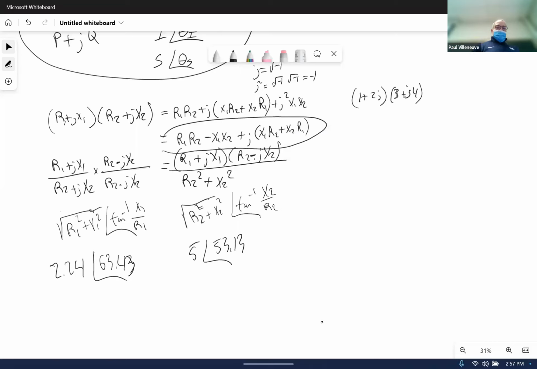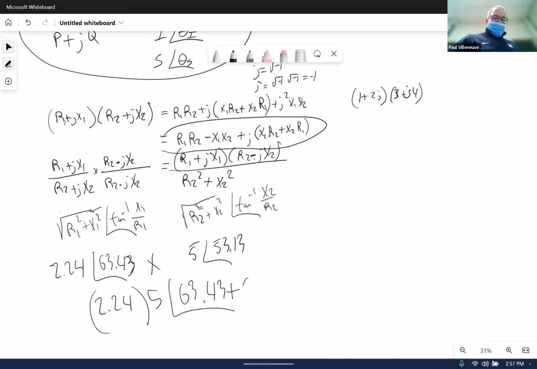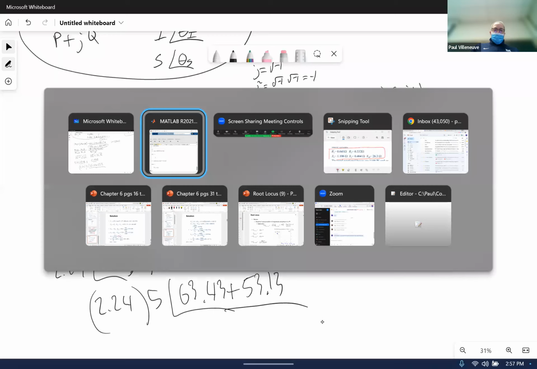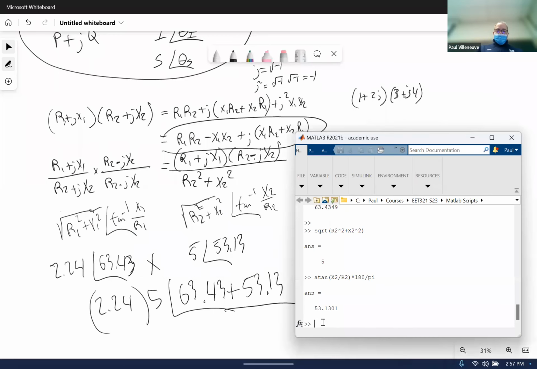Now, if I multiply those two together and do exactly what Ethan said, take the two magnitudes, multiply them together, take the angles and add those together, that should be the correct result. So I'm going to go back into MATLAB.